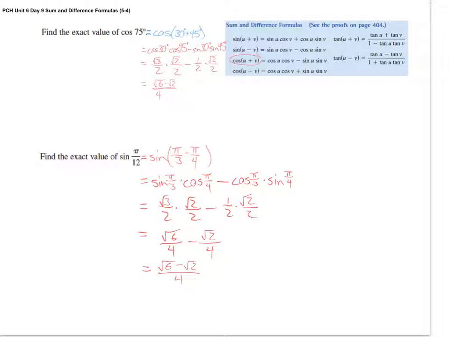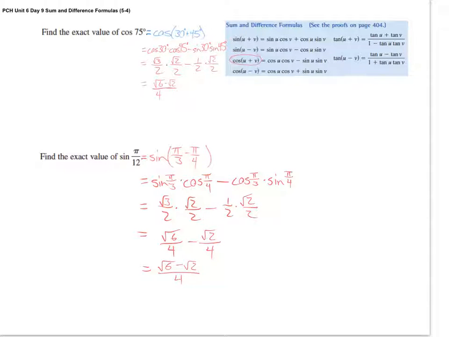Remember, you can't combine those radicals because the radicands are different. Okay? Now, notice here, we got the same thing for sine of pi over 12 as we did for cosine of 75. Does anyone know what pi over 12 is in degrees?